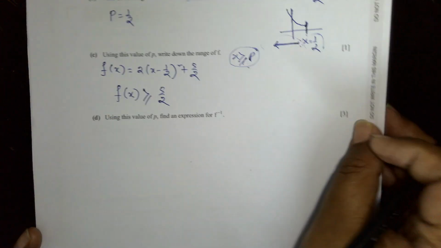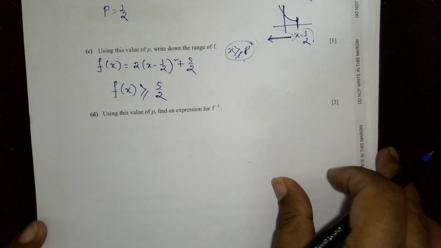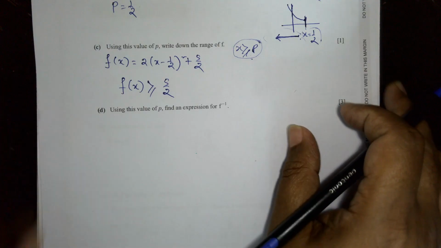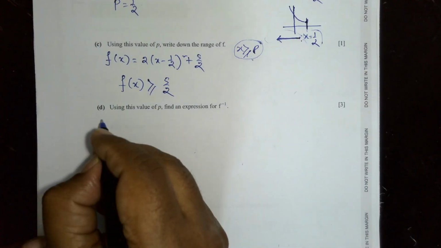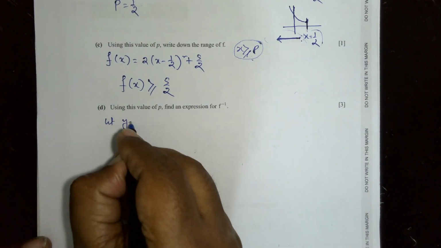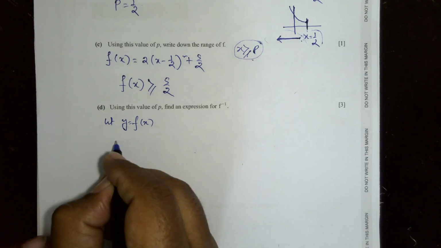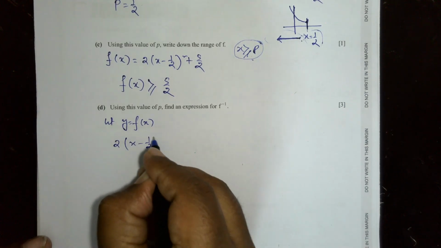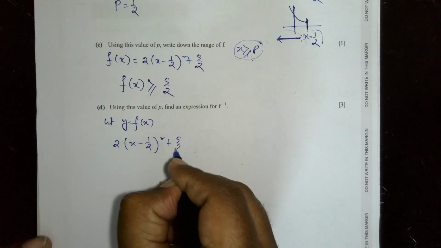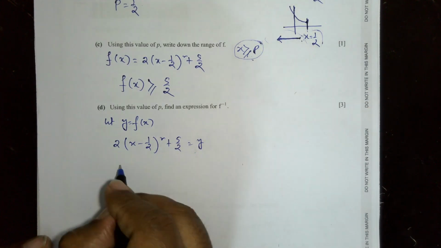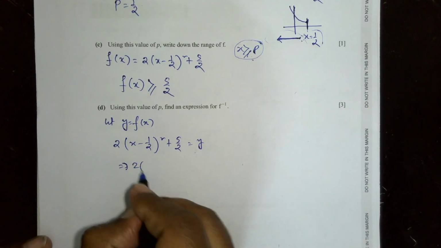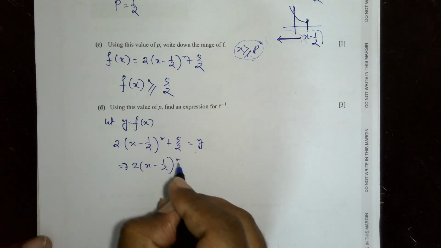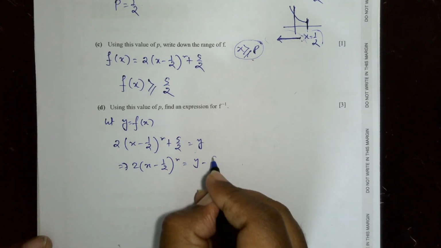Now, using this value of p, they have asked us to find the inverse of this function. Okay, fine. Let y equal f(x). So I can write 2 times (x minus half) squared plus 5 over 2 equals y. Now I can write 2 times (x minus half) squared equals y minus 5 over 2.